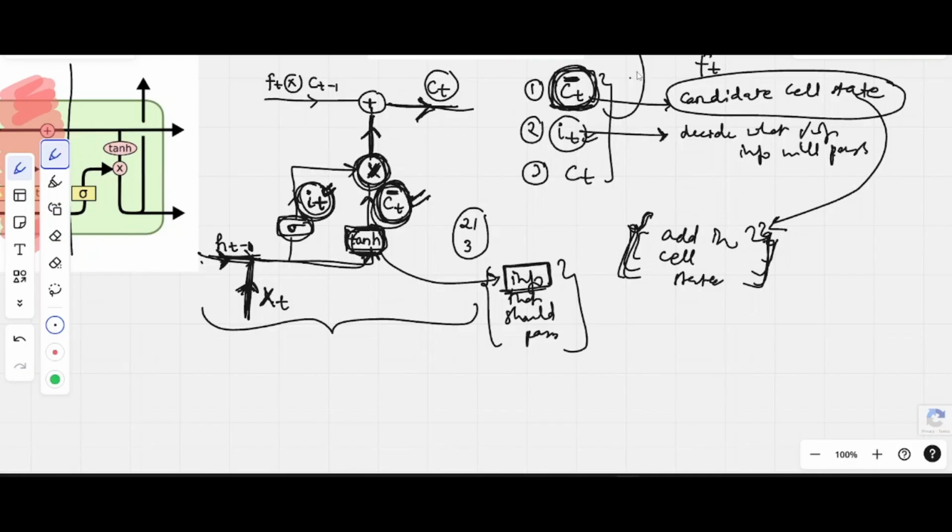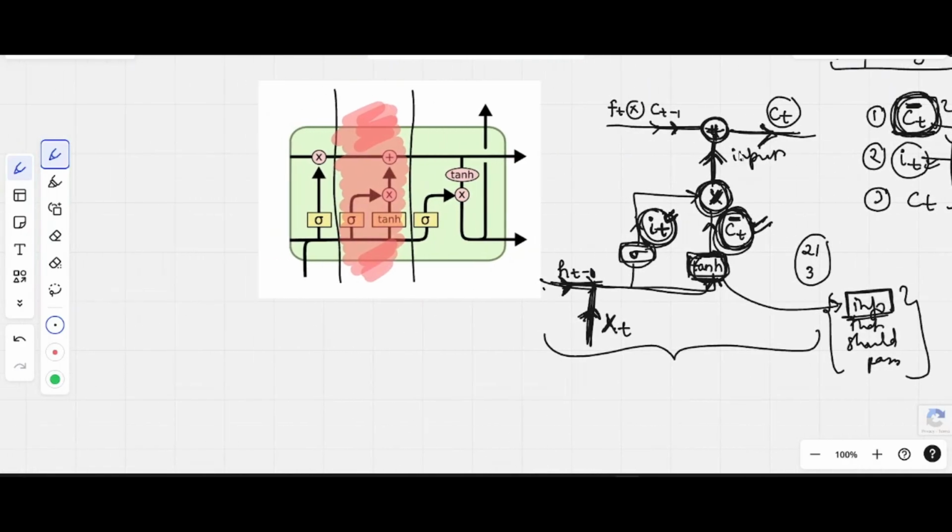And once we have decided what will go as input, we take the memory cell state and we add it up there. Whatever we were getting from this part, we decided that this information we need to add here. So that information is added, and the final output that we get is our memory cell state, and this is what becomes the input for the next LSTM.